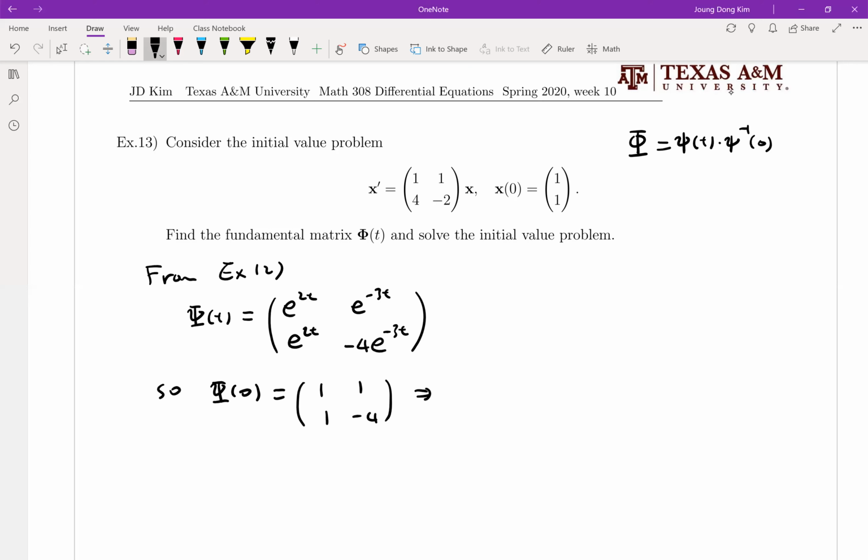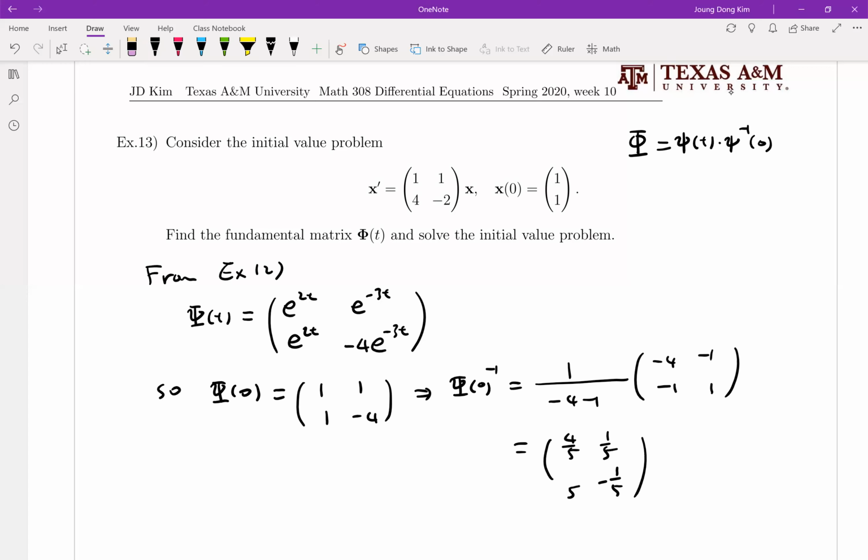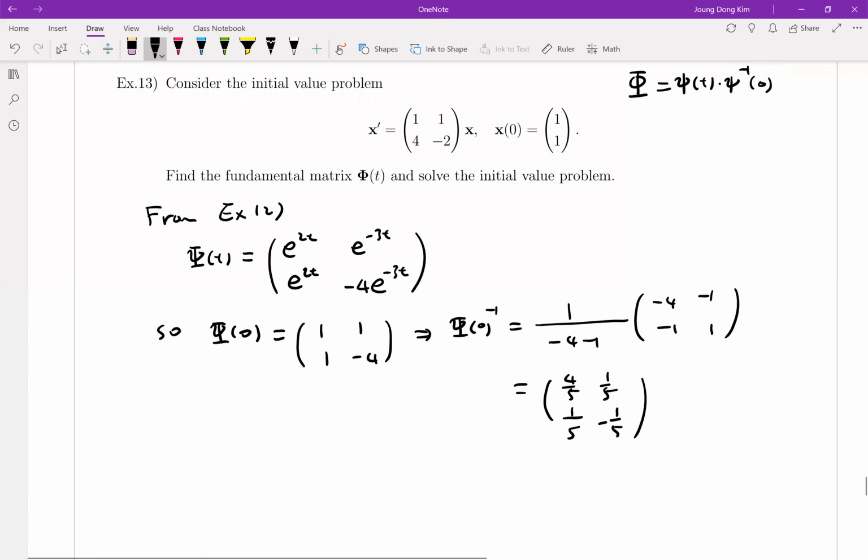Then we can easily find psi zero inverse, which is equal to 1 over the determinant, times negative 4, negative 1, negative 1, and 1. Since it's 1 over negative 5, this is 4/5, 1/5, 1/5, and negative 1/5.